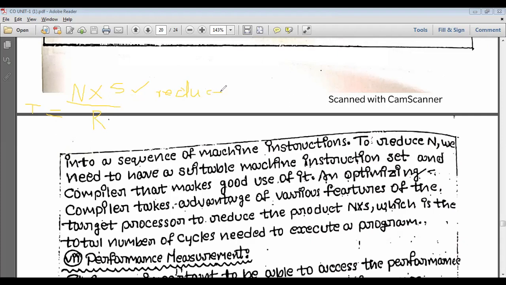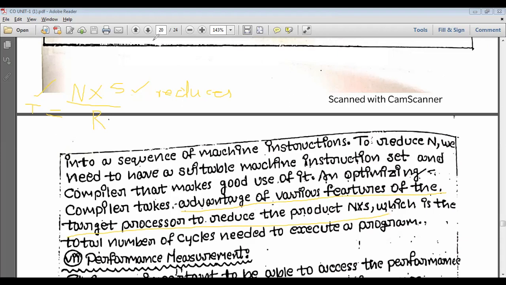The factor reduces means T will be reduced. Whenever T, that is the execution time, is reduced, the performance will be more. That is the meaning here. An optimizing compiler takes advantage of various features of the target processor to reduce the product n into s. So in this way, by using the compiler also, the performance varies.